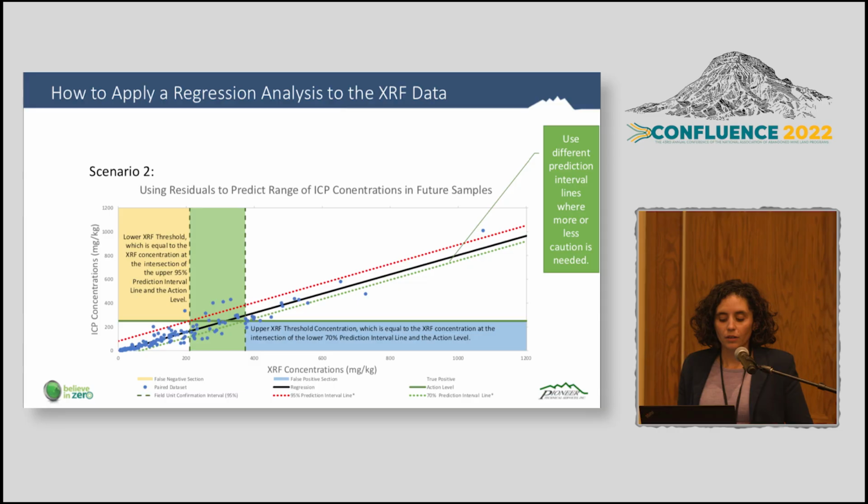If you don't want to do the confirmation section, you don't want to send any samples off to the lab at a certain point, say you've gotten your waste pretty well delineated and you want to send the field teams out to do a little bit more confirmation sampling, then you could potentially use that lower XRF threshold value to say, okay, in these areas we know we're getting closer towards the clean area, we're not super concerned about over-remediating, so let's just use that lower XRF threshold concentration to say this is waste, and so we're going to remediate here.